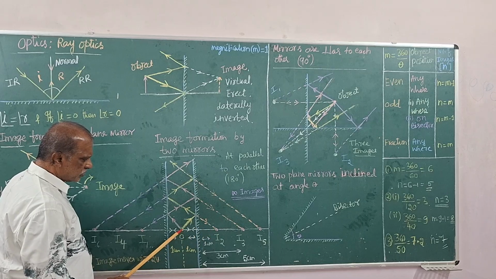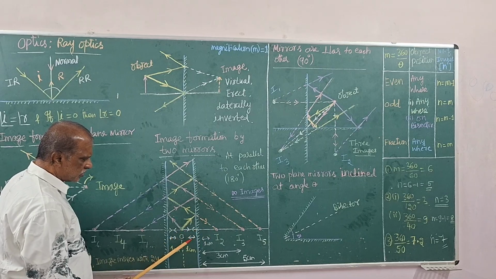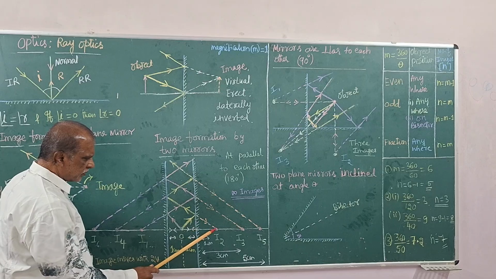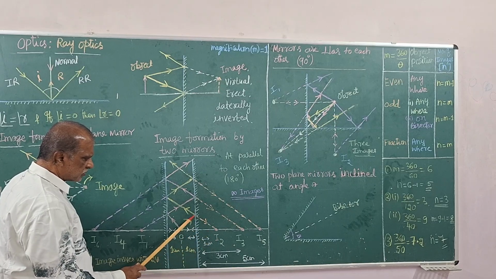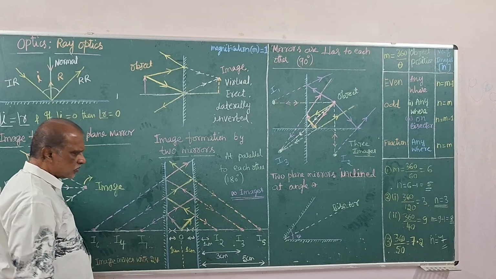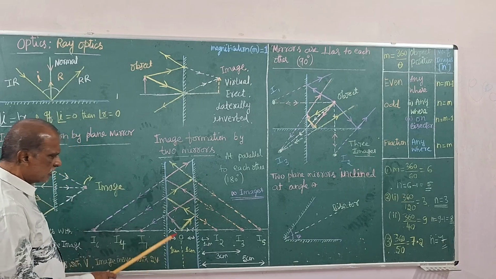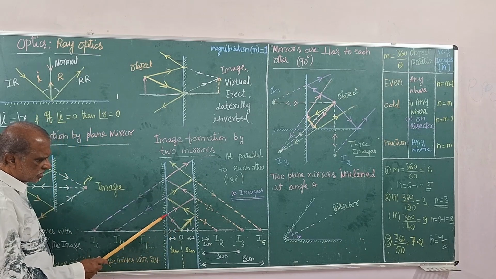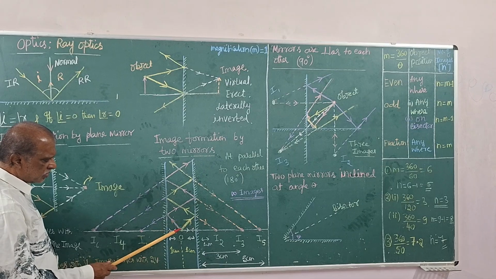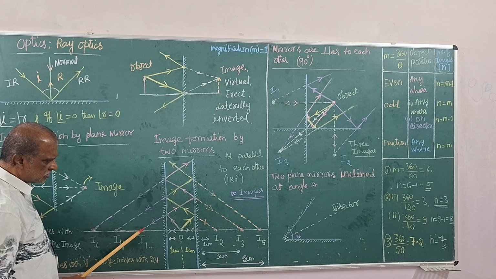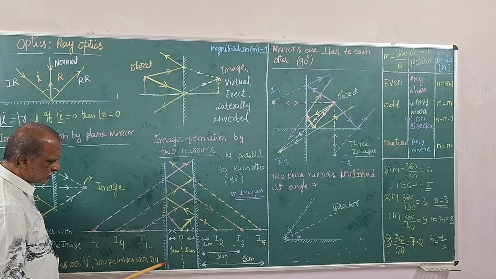If the distance between this object and the mirror is 1 centimeter, the image is also 1 centimeter behind the mirror. So this is the image due to the object on this mirror. Similarly, on this side, this object will appear as an image on the mirror like this.